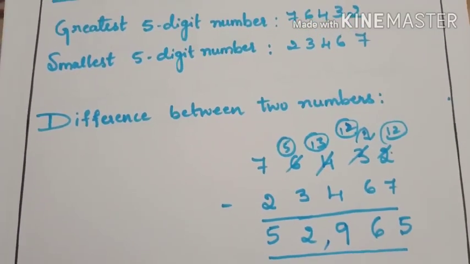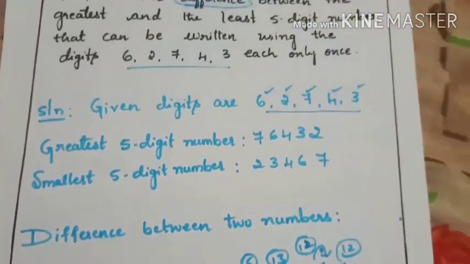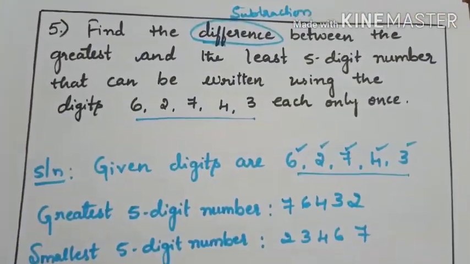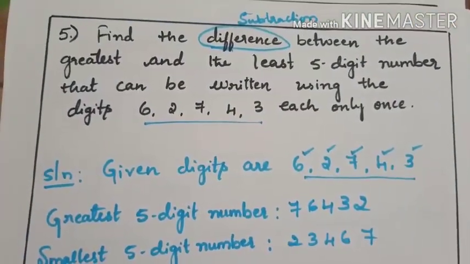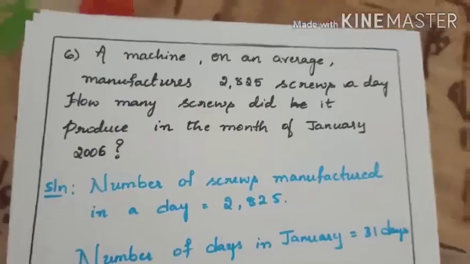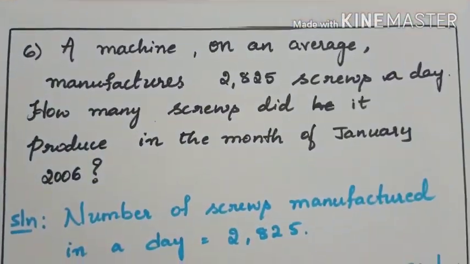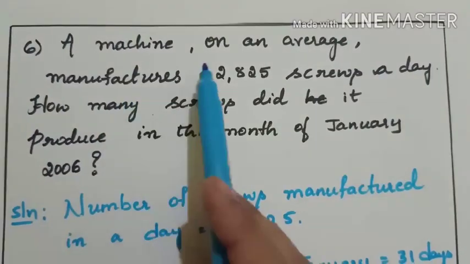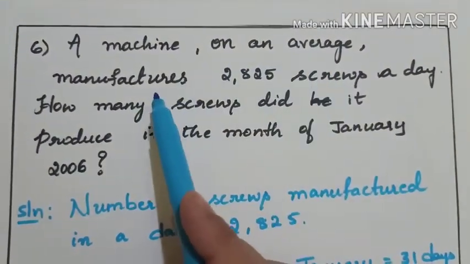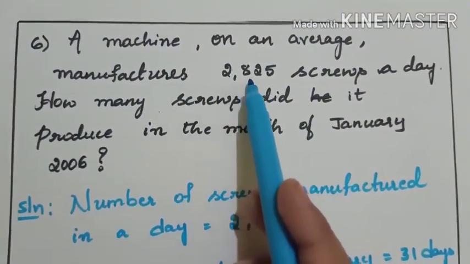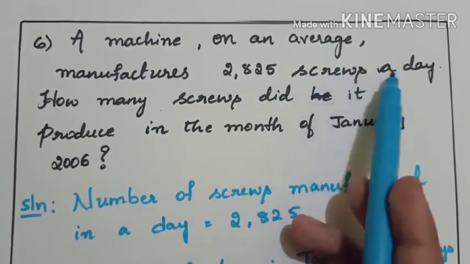Fine. Let us move to the last question of today's session, question number 6. So the question number 6 is, a machine on an average manufactures 2,825 screws a day.